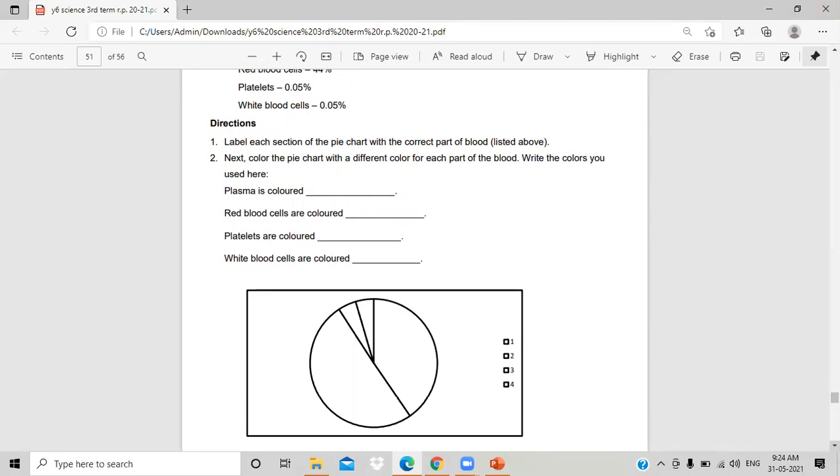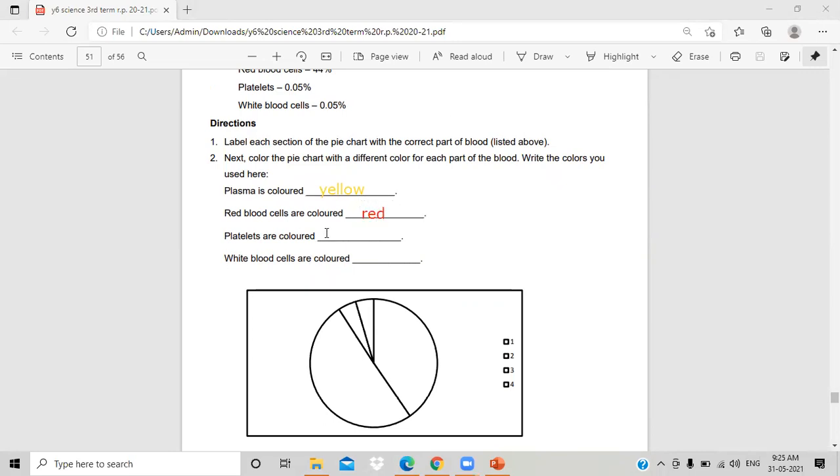Now the directions: label each section of the pie chart with the correct part of blood listed above. Next, color the pie chart with a different color for each part of the blood. Write the colors you used here. This is a very simple question. So I'm going to say that I will color the plasma yellow, and maybe it will be more fun if I write the name with the color that I'm going to use. So I'm going to color the plasma yellow. The red blood cells, of course, will be red.